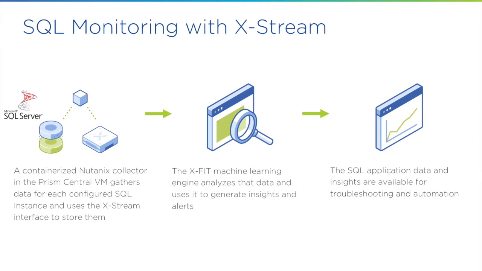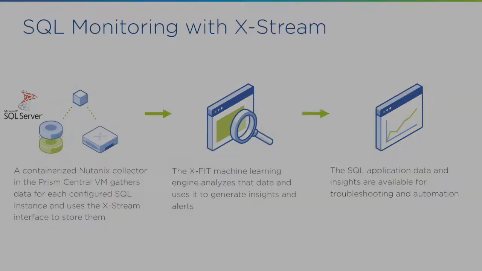Once that data is in the system, the cross-fit machine learning can analyze it and generate signals such as shortage forecasts or anomaly detection. And those signals, in turn, can trigger a playbook that the customer can easily build to isolate the problem, fix it, or optimize the environment. Now let's take a look at how that works in a product demo.